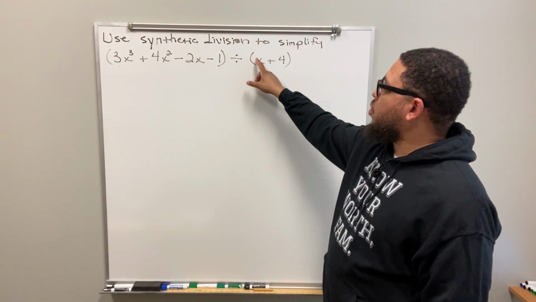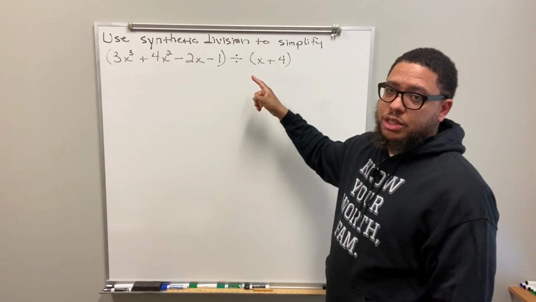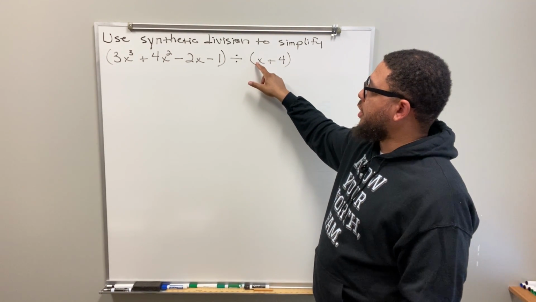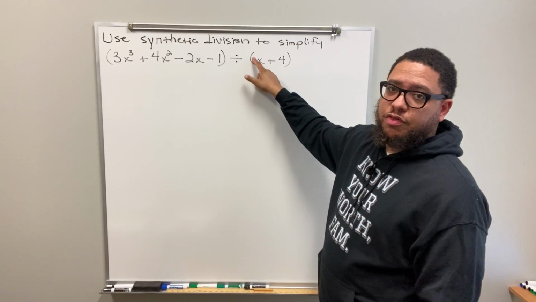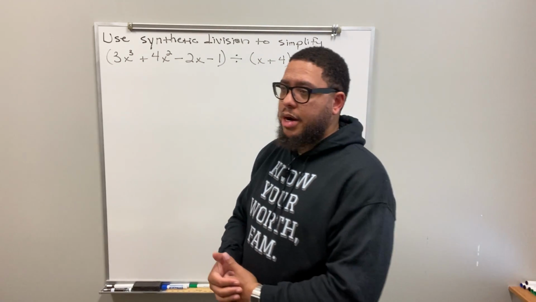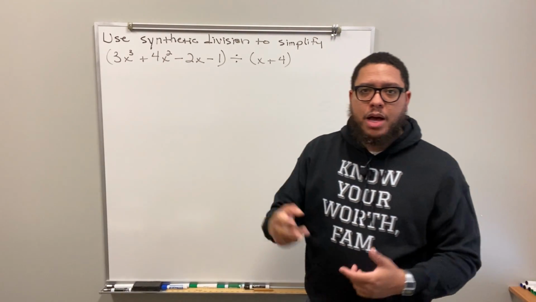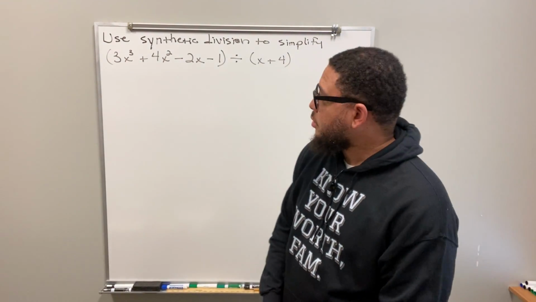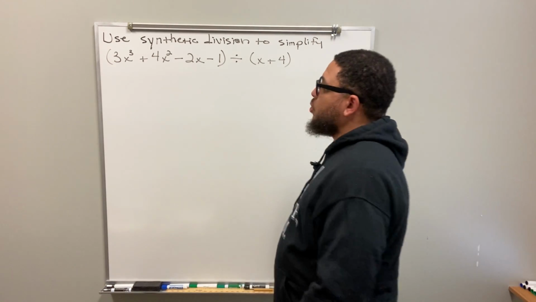Also, our coefficient of the x term is a 1. We know it's a 1 because there's no number written adjacent to it, right? So there's an invisible 1 in front of the x. So that also is another reason that we can use synthetic division, all right? So those are the two things you need to keep in mind when considering whether you can even use synthetic division.